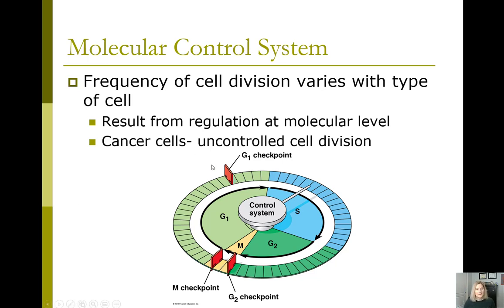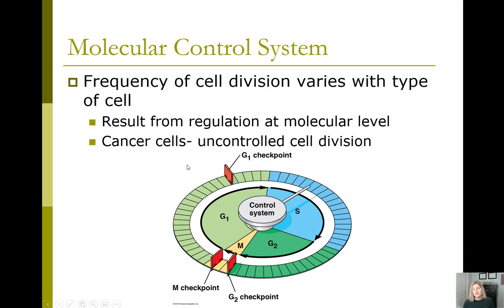We have 3 different checkpoints that it goes through. So in order to continue, certain things need to happen. If those things haven't occurred, then it stops the process, and then the cell either undergoes apoptosis, cell death, or it fixes whatever needs to be fixed.